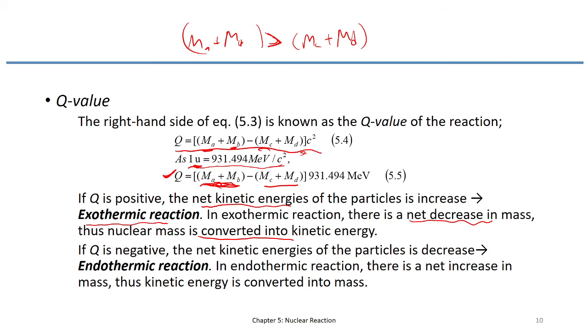If instead the Q value is negative, that means the mass after the reaction is bigger than the mass before the reaction.